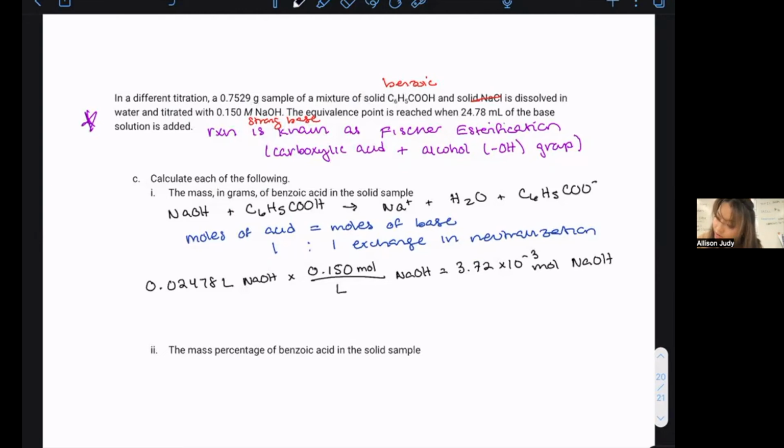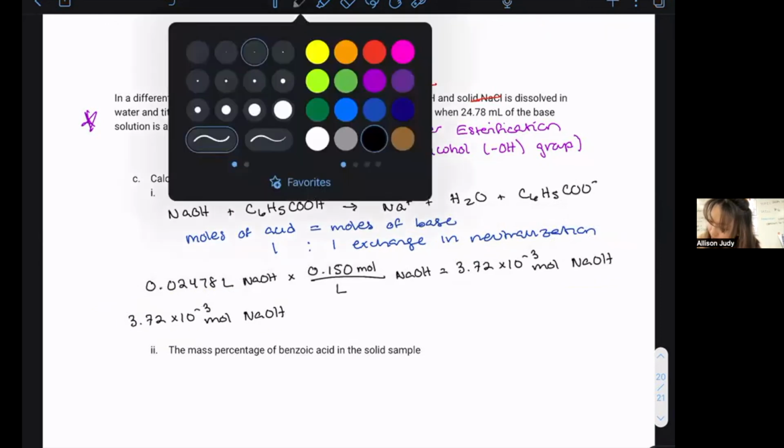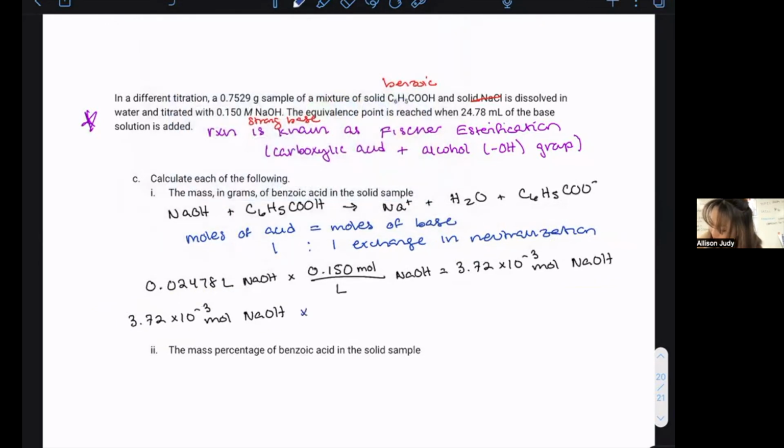And we know that if I use this much NaOH, I also have a stoichiometric relationship that for every 1 mole of acid, I used or required 1 mole of NaOH. So that means I also used 3.72 times 10 to the negative 3 moles of acid that were neutralized.